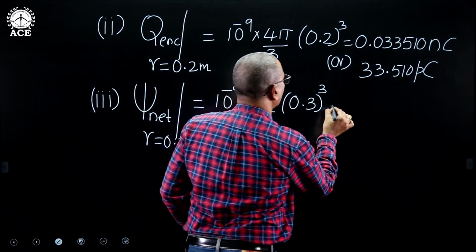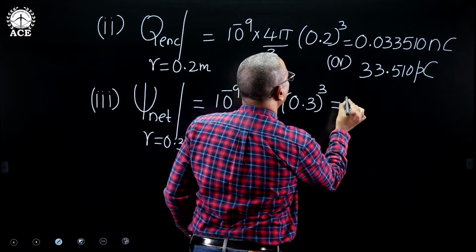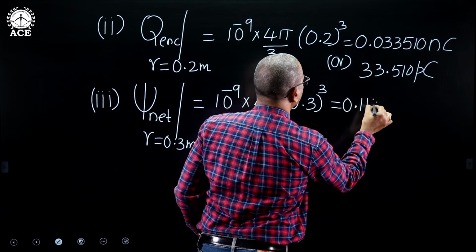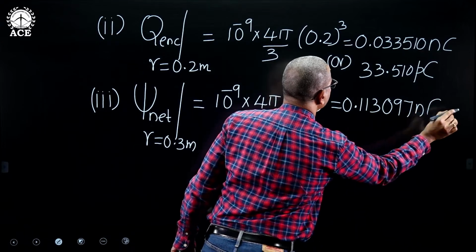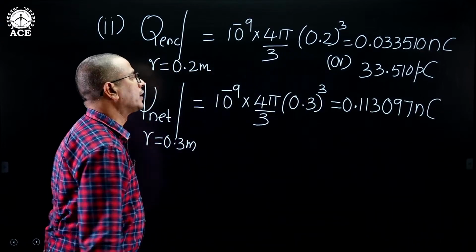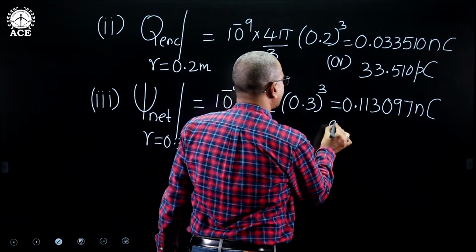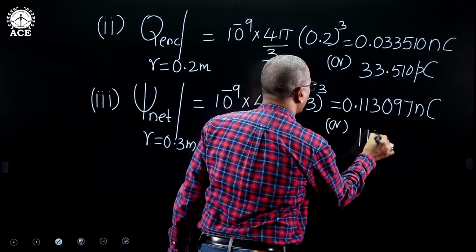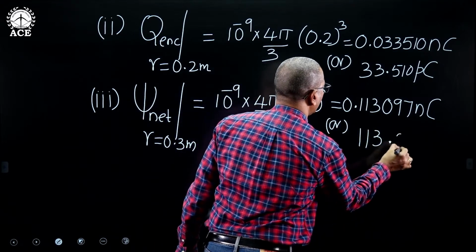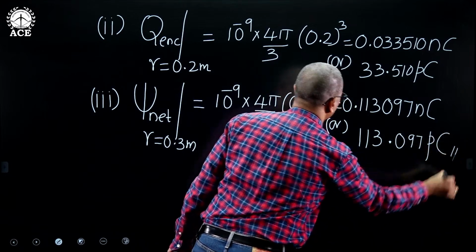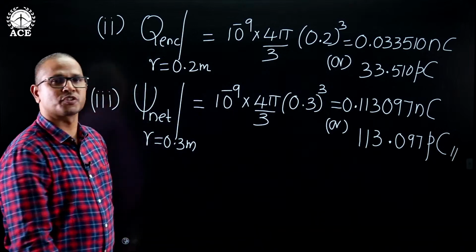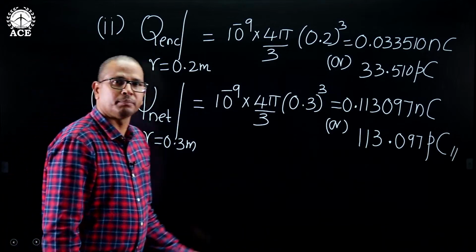If you substitute, after calculation you may get around 0.113097 nanocoulomb. This is your answer, dear student. Check using your calculator, or else you can express it in engineering units. I can write 113.097 picocoulomb. This is my answer. Both are the same. One is expressed in nano, the other in pico.